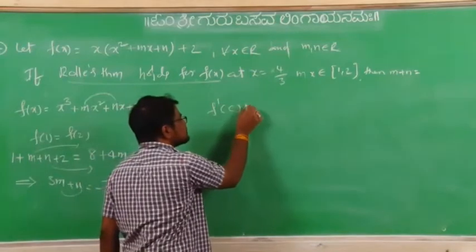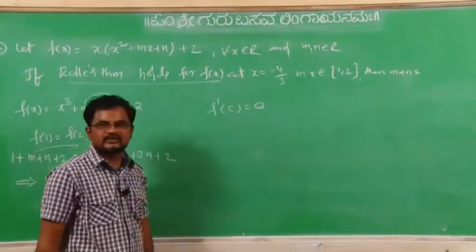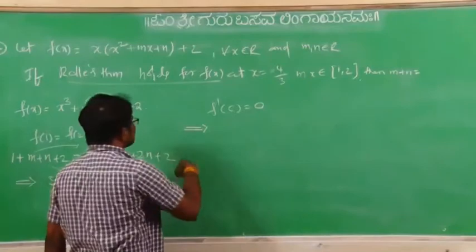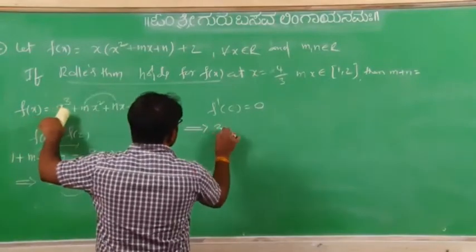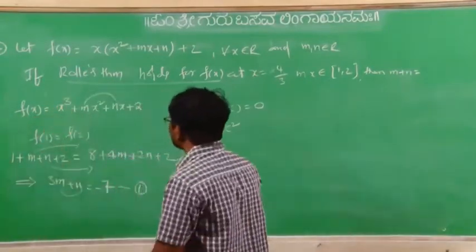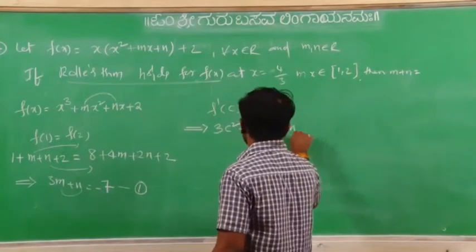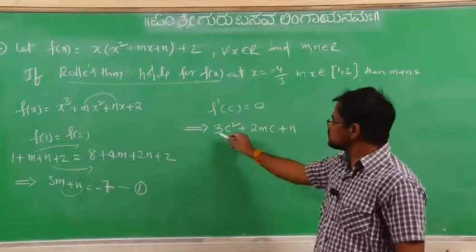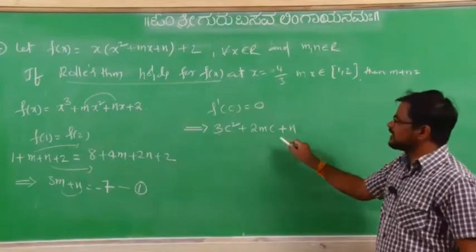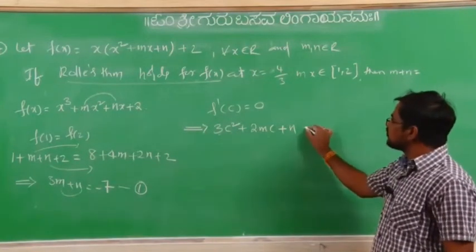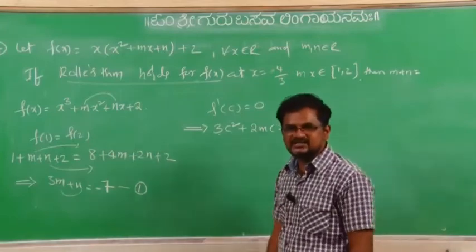Now find f dash of x. That is 3c square plus 2mc plus n. Correct, no? 3x square plus 2mx plus n equal to 0. This condition is also satisfied.